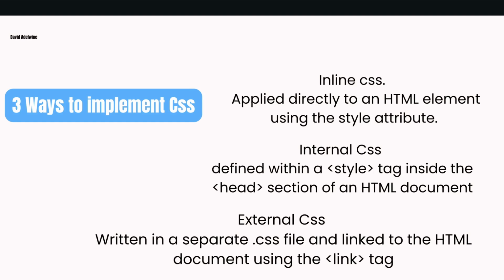And the second one is internal CSS. So for internal CSS, you define your style element in your head, and then within that style you can access different HTML elements, including classes, that you can then assign the different CSS properties as well as their values on that particular element.